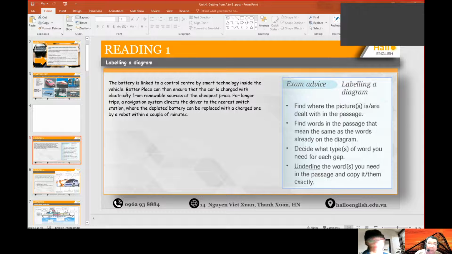You were able to maybe find better place, so underline that one, because those words are important maybe in answering some questions, so you have to underline that, and after that you have to write them or copy them, and after that explain it with your own understanding or words. Okay? So that is how you're going to label a diagram.